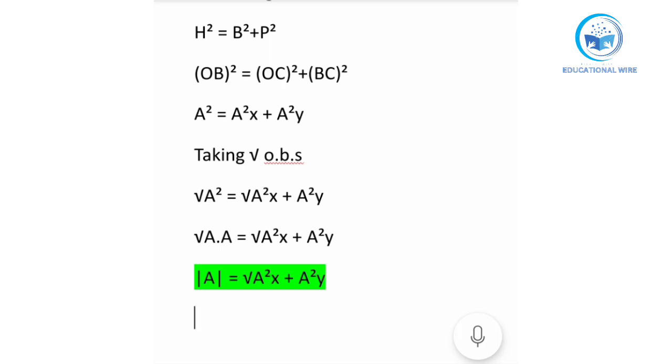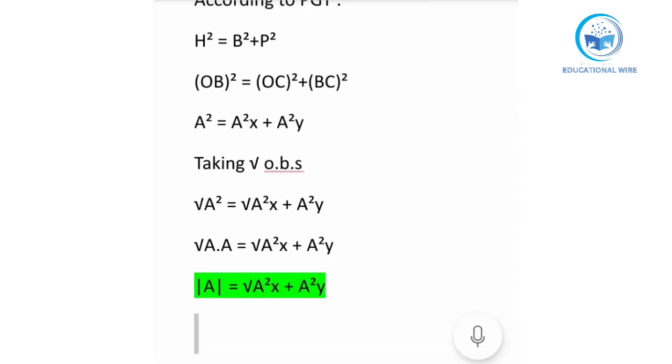We are having the rectangular components. You can also say the rectangular components over here.